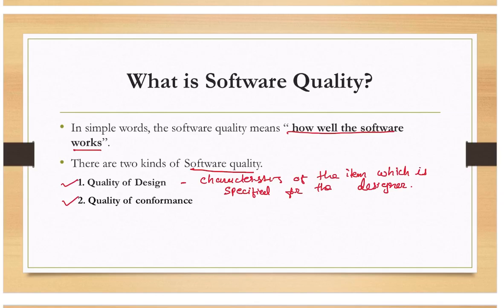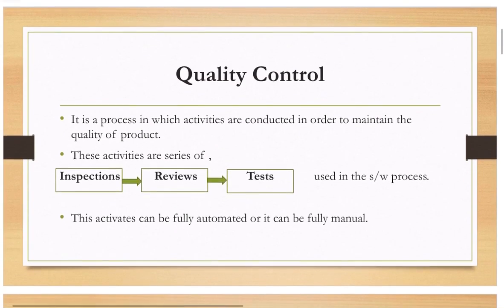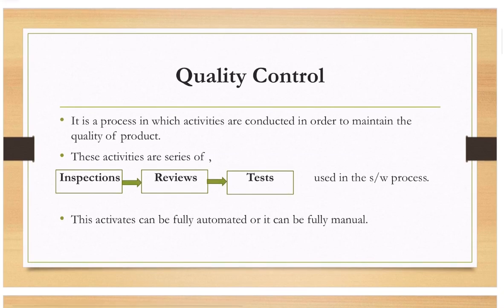Now, next one is, what is quality control? It is a process in which activities are conducted in order to maintain the quality of the product. These activities are a series of inspections, reviews and tests used in the software process.